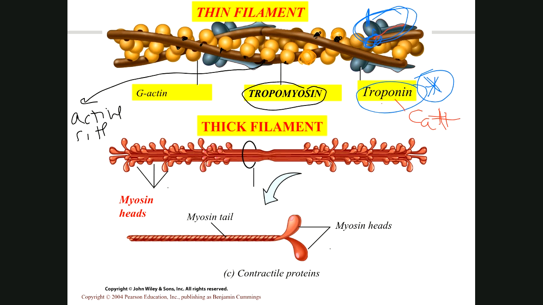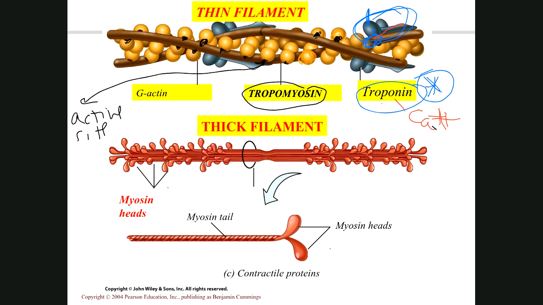So again, troponin binds to calcium, troponin moves when bound to calcium, freeing the tropomyosin away from the active sites of actin, and now the active sites of actin are going to be available. They're not hidden anymore. So that's one of the events, first part of the events that happens during muscle contraction.